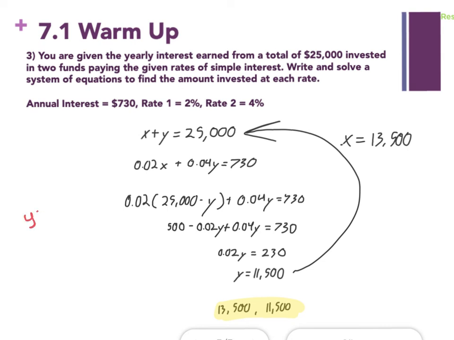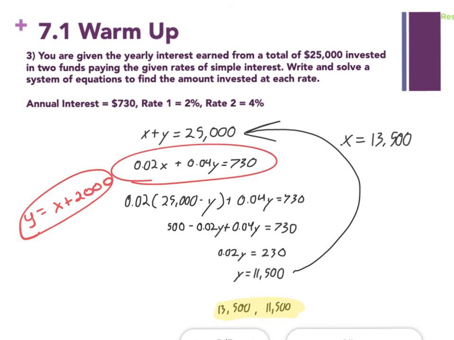So it would be like y equals x plus 2,000. And then you'd have this equation and this equation, and you'd set up your system that way. So just keep that in mind. I'm not always going to give you the total amount invested. You could get some sort of relationship between those two.